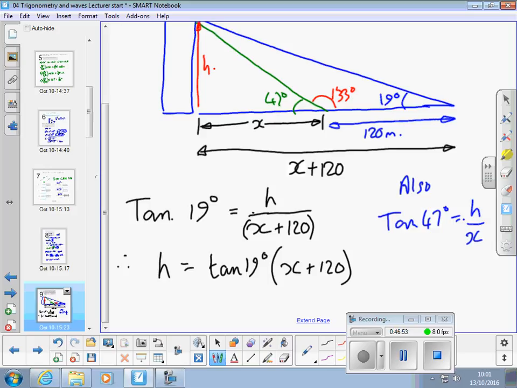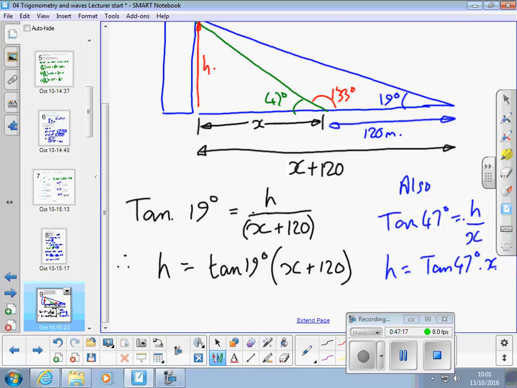If we rearrange that for x, what would that be? H is equal to tan 47 degrees times x. Right.